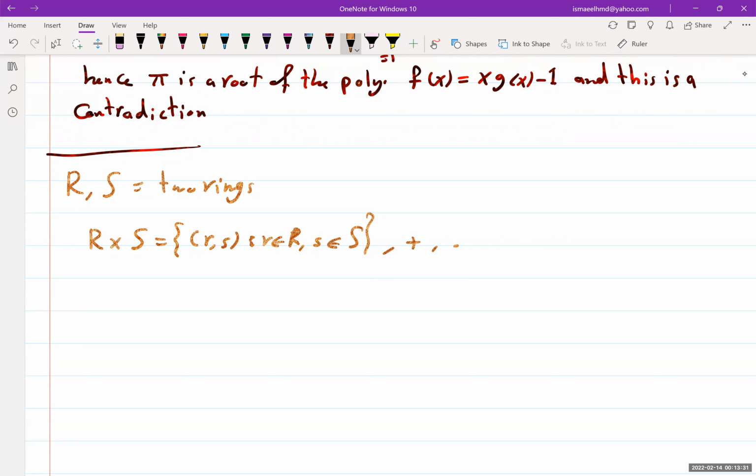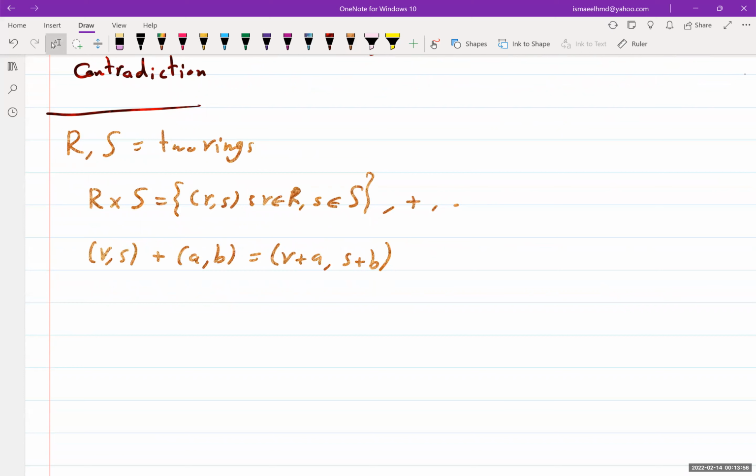That means if we have (r, s) and (a, b), adding these two elements we write (r plus a, s plus b), so we do the addition component-wise. And for the multiplication, (r, s) dot (a, b) is equal to (r multiplied by a, s multiplied by b).